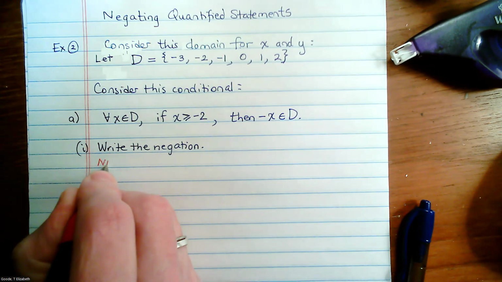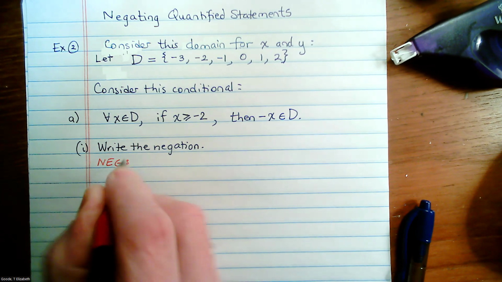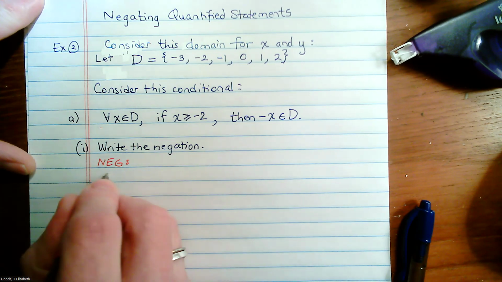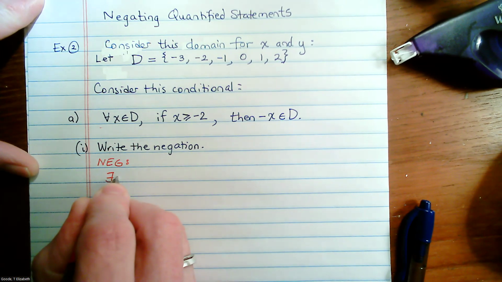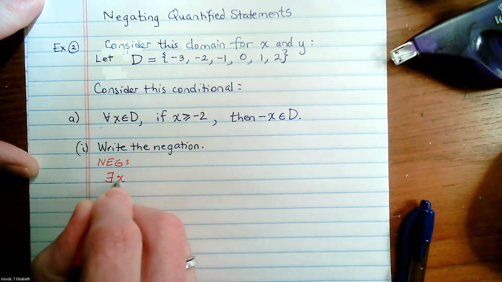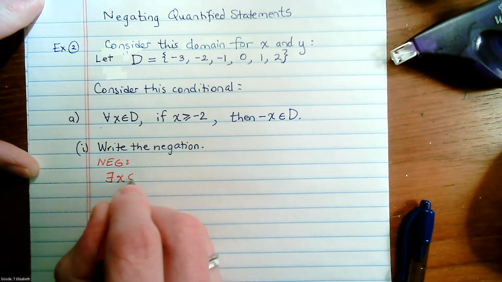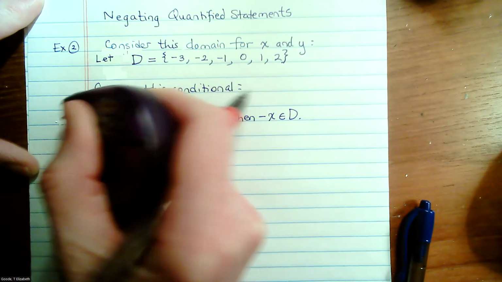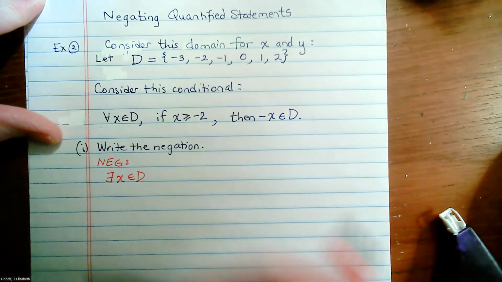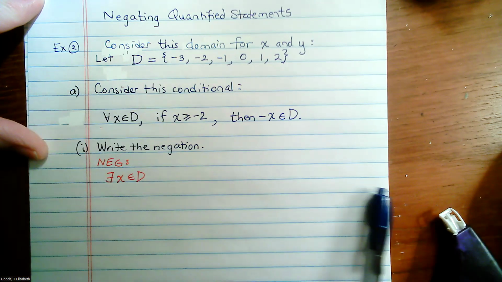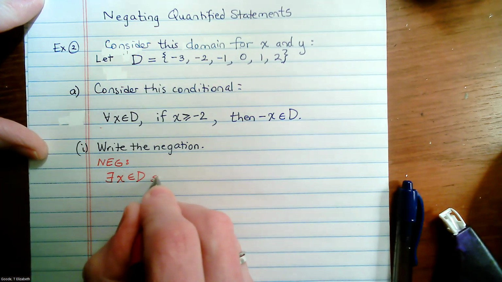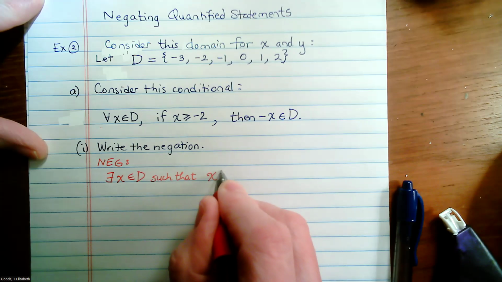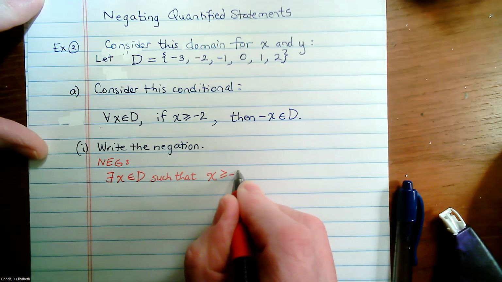All right, for the entire statement, it would be there exists an element X in the set D. You can write the phrase such that, or you can just put a comma, either way. Such that X is greater than or equal to -2.